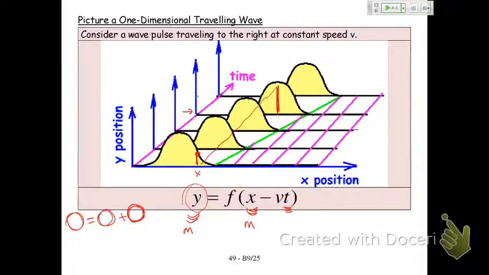I've got to have the same units in this bit, and the way I get from time to meters is I multiply my time by a velocity. So that's math. The fact that I know that v goes there is like, hey, you've got to get back to meters, so you better multiply your velocity by your time. 60 miles an hour for 3 hours.